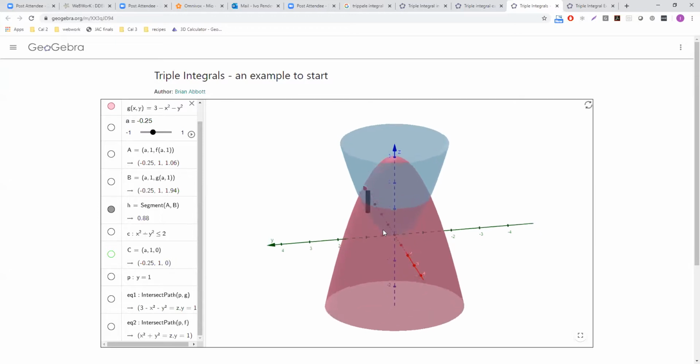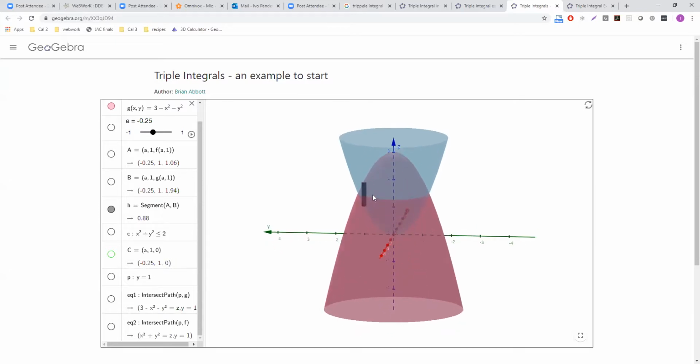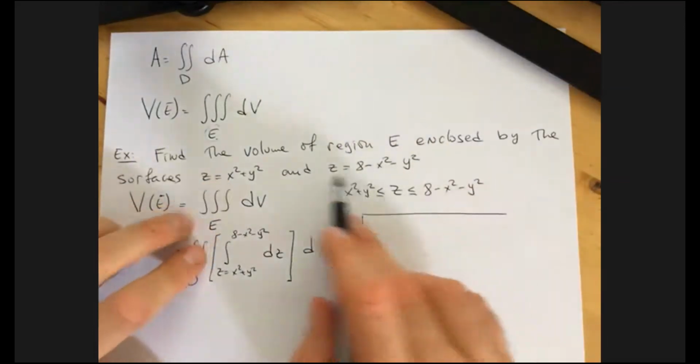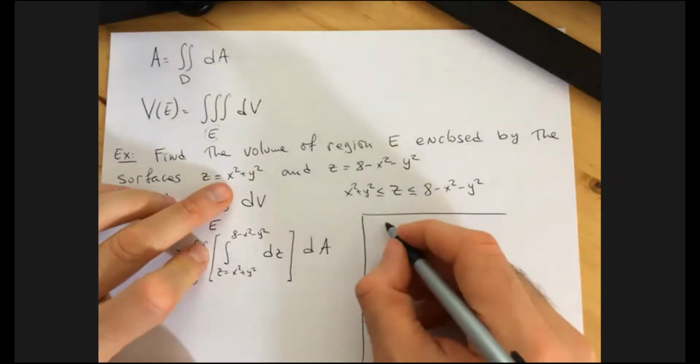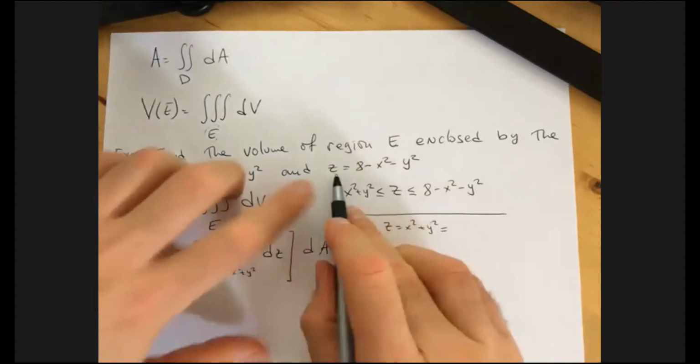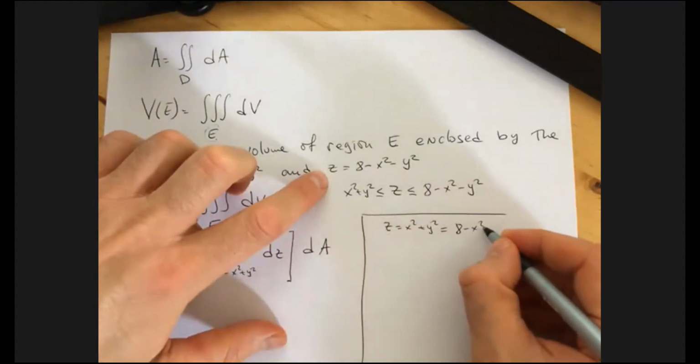That's going to be the intersection of these two paraboloids projected onto the xy plane. The intersection is very simple: z is equal to x squared plus y squared, which is equal to 8 minus x squared minus y squared.